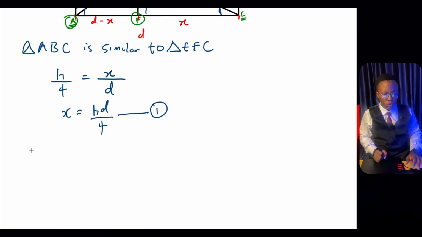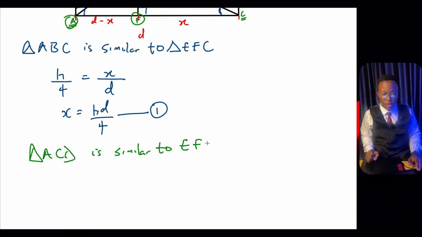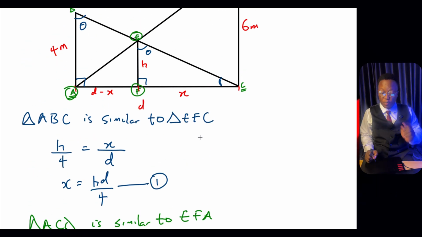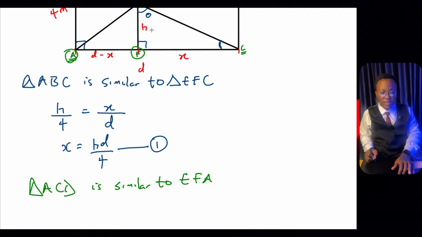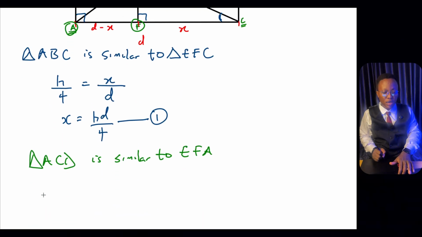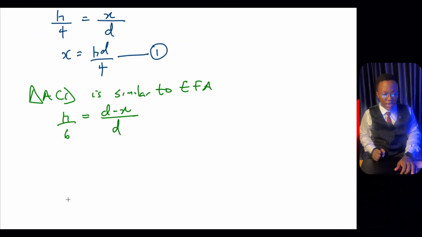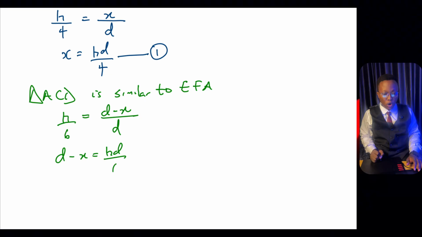So if we apply the same rule and say that the height here, h all over 6, is equal to d minus x all over d, then we can say that d minus x is equal to hd all over 6.